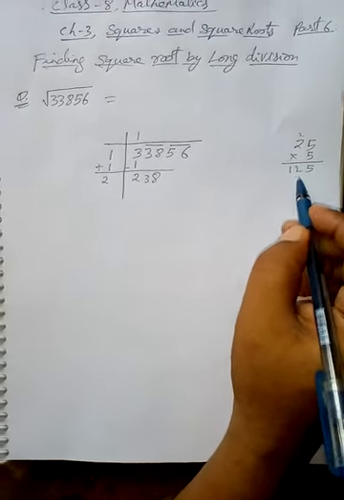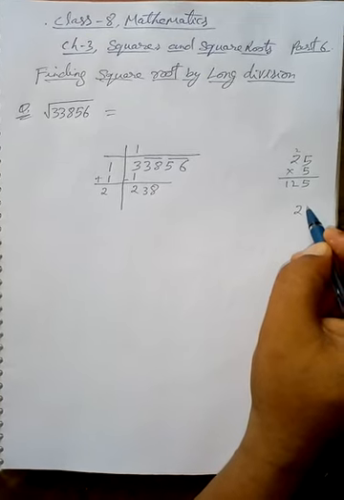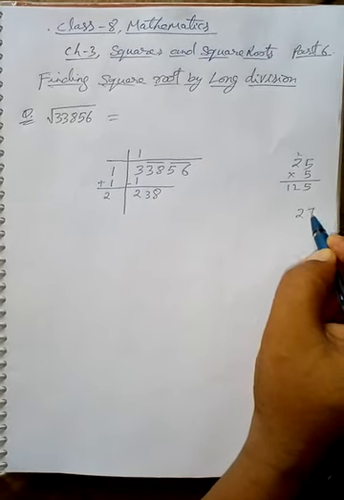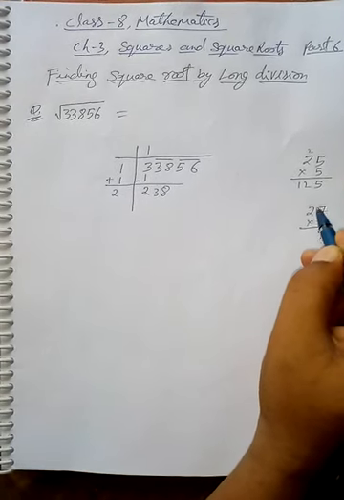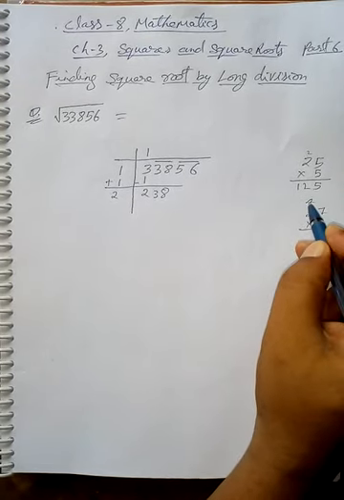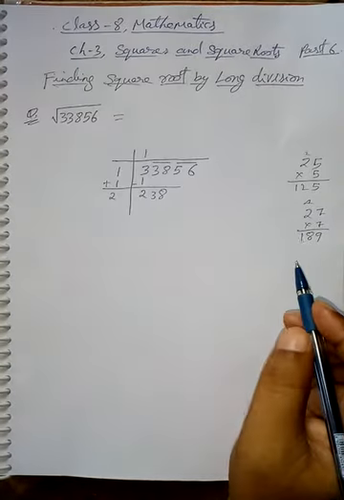So it is much smaller. Next let's see, 7 sevens are 49, 4 carry, 7 twos are 14 and 4 is 18. It is also much less than 238.